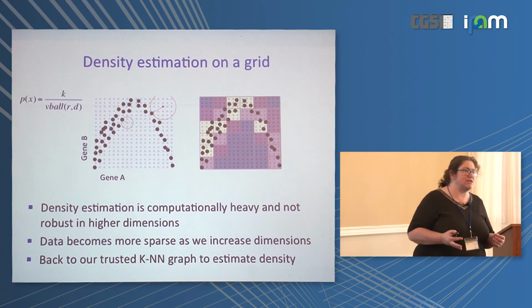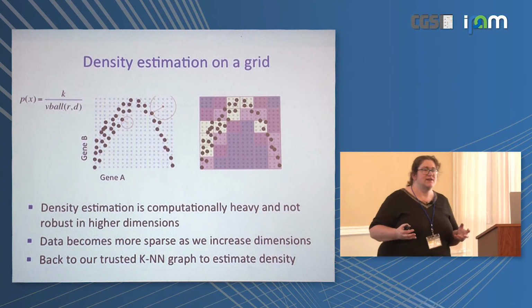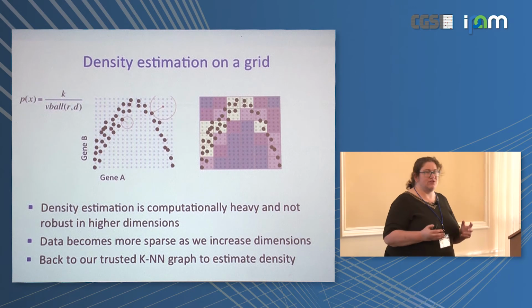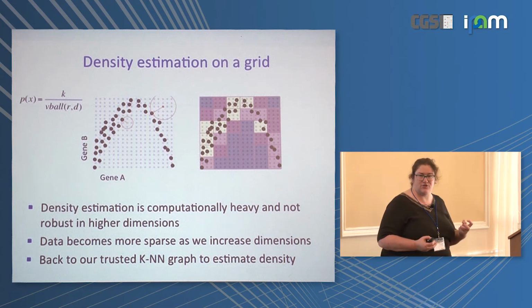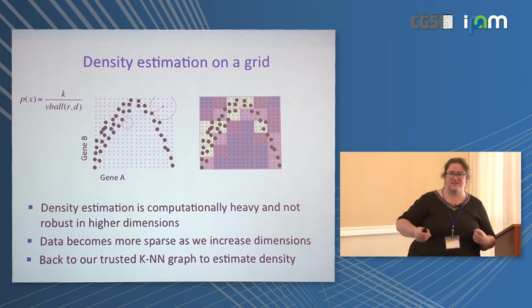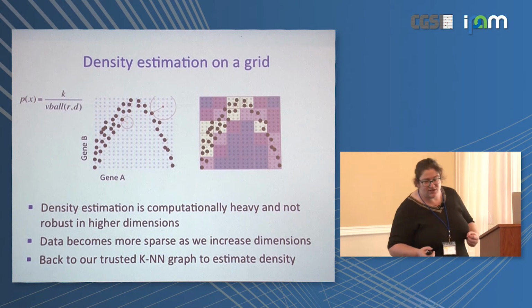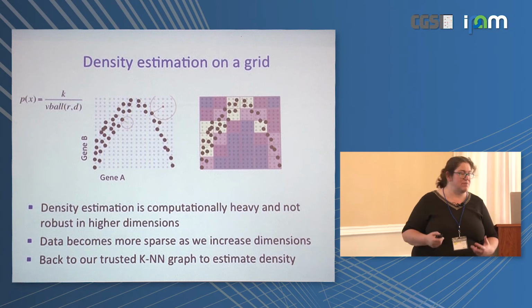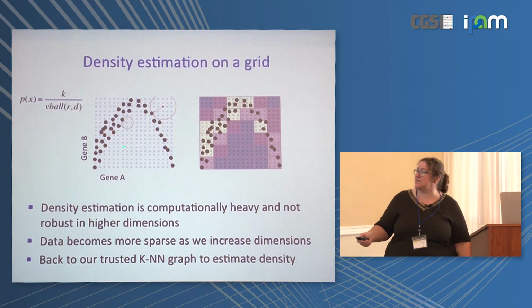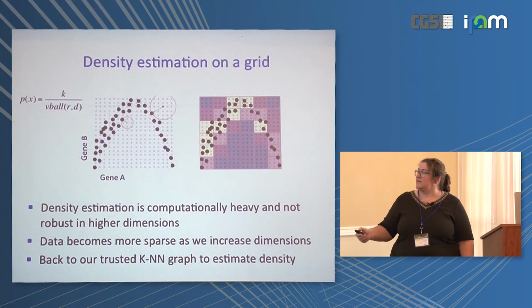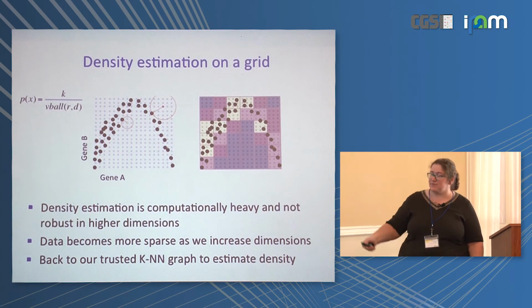Density estimation in high dimensions is a disaster. But when you go to lower dimensions, and you do density estimation using the KNN graph and ask what is the distance of the kth cell, you can have some really nice and robust density estimation methods. And we can estimate the density and vectorize these plots.